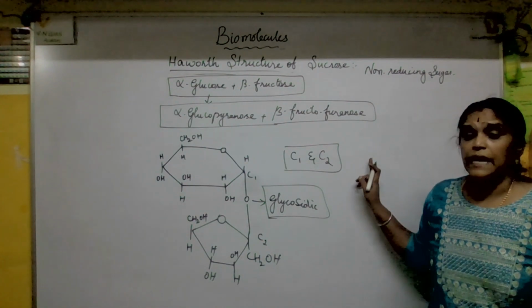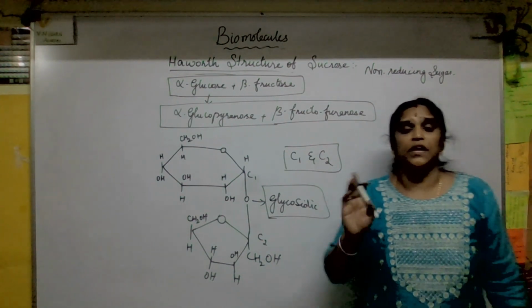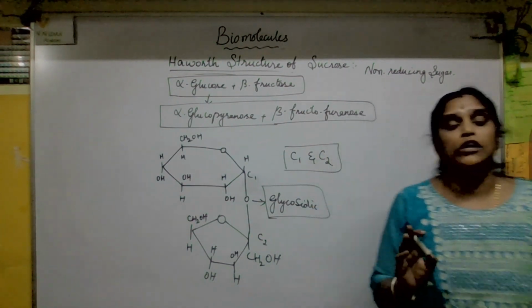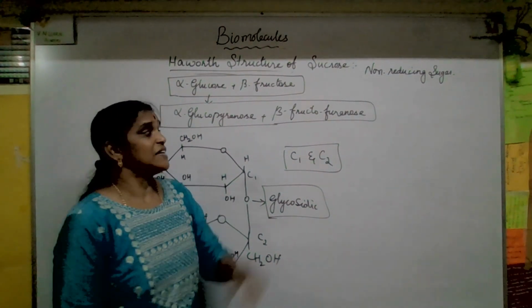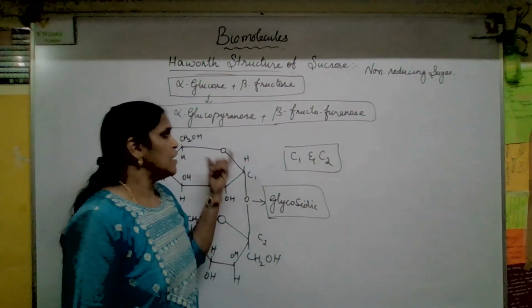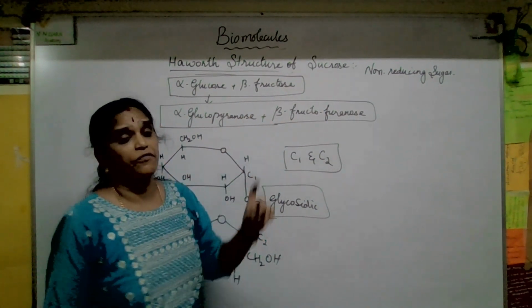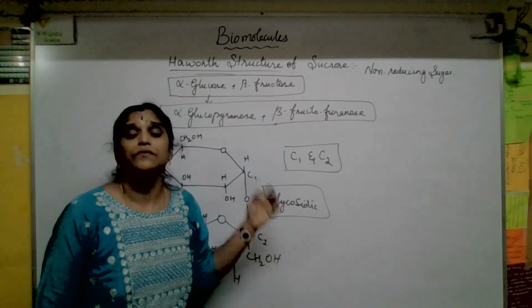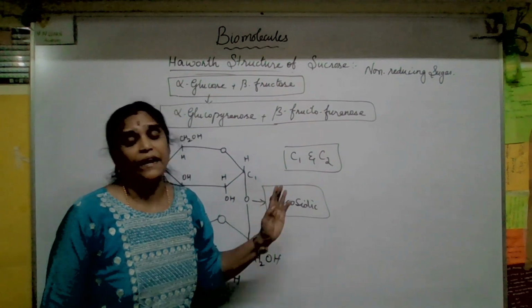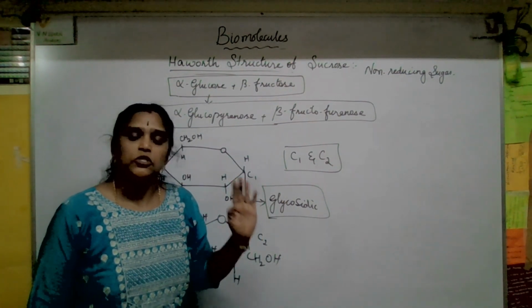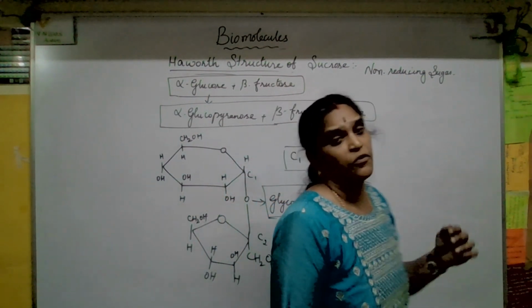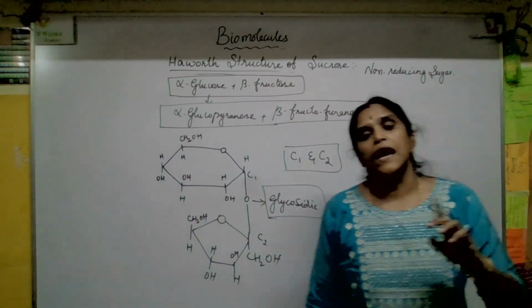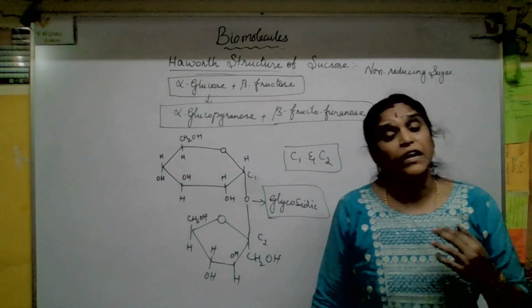But here this is a non-reducing sugar; it will not answer Tollens' reagent or Fehling's solution. In sucrose, with alpha glucose and beta fructose, no free aldehyde or keto group is available, so naturally it is a non-reducing sugar, whereas lactose and maltose are reducing sugars.